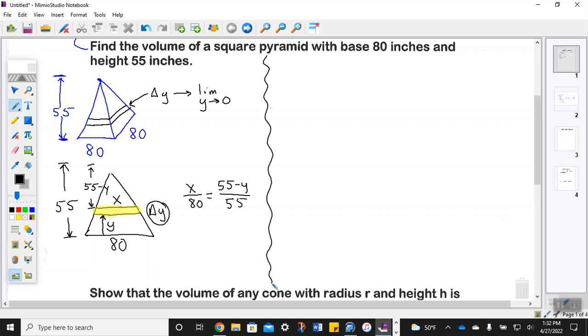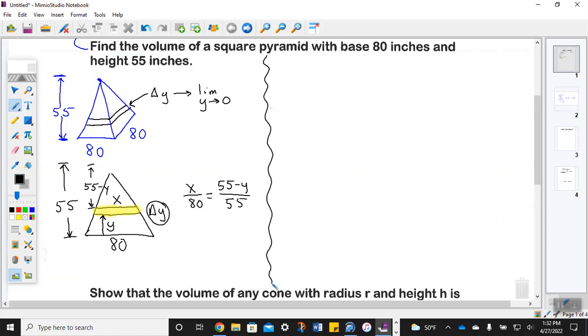Guys, when you've kind of figured out where your slice is going to go and what kind of slices you're going to have, we've got to start thinking, okay, if I can find the volume of one slice, then it basically becomes a definite integral for all slices, bottom to top. So here's how this works, kids.